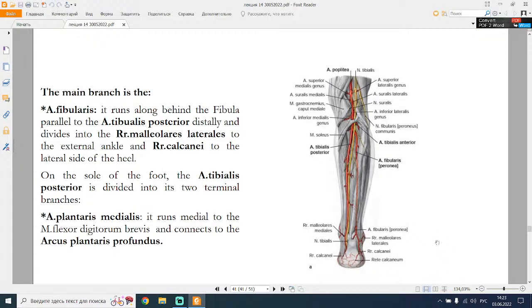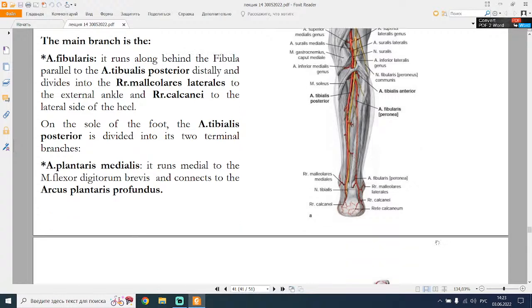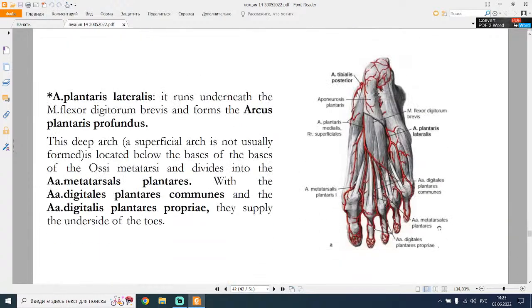Arteria plantaris lateralis runs underneath the musculus flexor digitorum brevis and forms the arcus plantaris profundus.